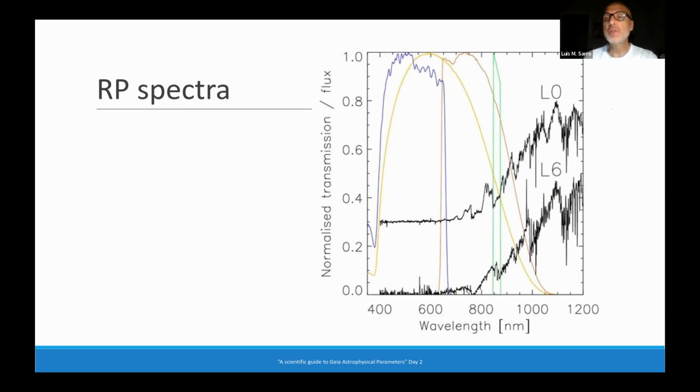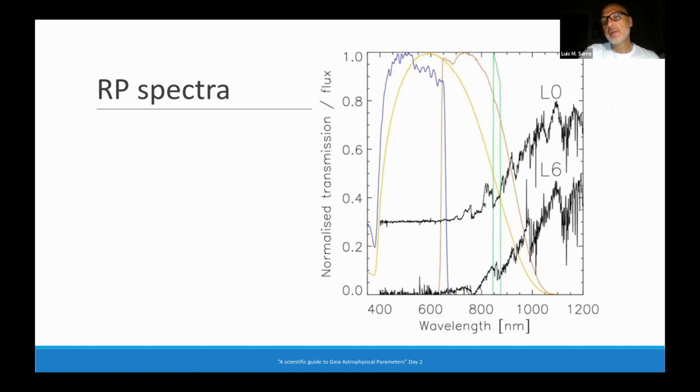The vast majority of the flux emitted in the SED of ultracooled dwarfs is in the infrared, near, mid, or far infrared. And the RP wavelength range is only a tiny fraction of the total spectral energy distribution. So these are very faint sources and very red sources, and RP is obviously not an optimal instrument to study these sources.